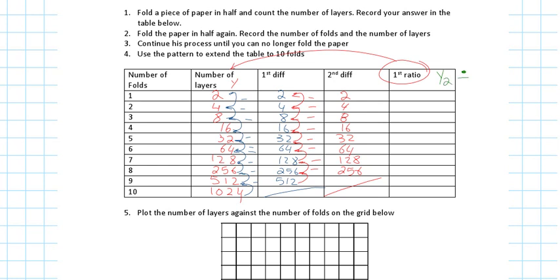Remember with the difference, we did y2 minus y1, but with the ratio, we divide. So what's 4 divided by 2? 8 divided by 4. 16 divided by 8. And then 32 divided by 16. Everything I do here is going to give me 2.